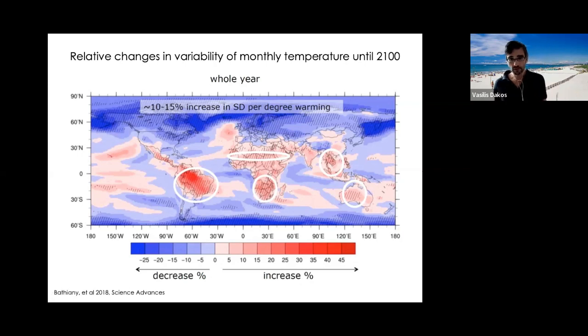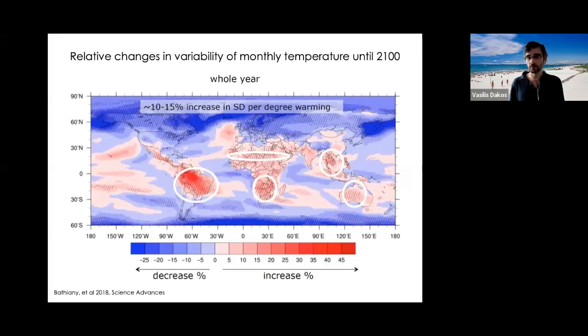So the first thing to observe is, of course, this heterogeneity in the result. There are places where you will have an increase in climate variability compared to places that will have a decrease, which is something that is expected because there is a lot of heterogeneity in the climate across the Earth.